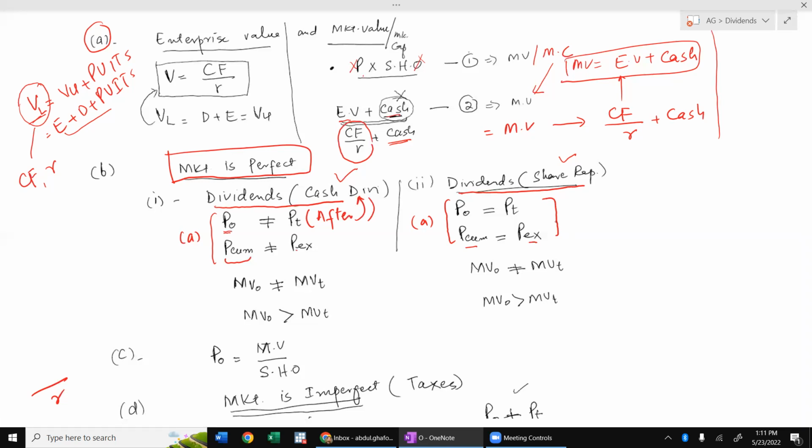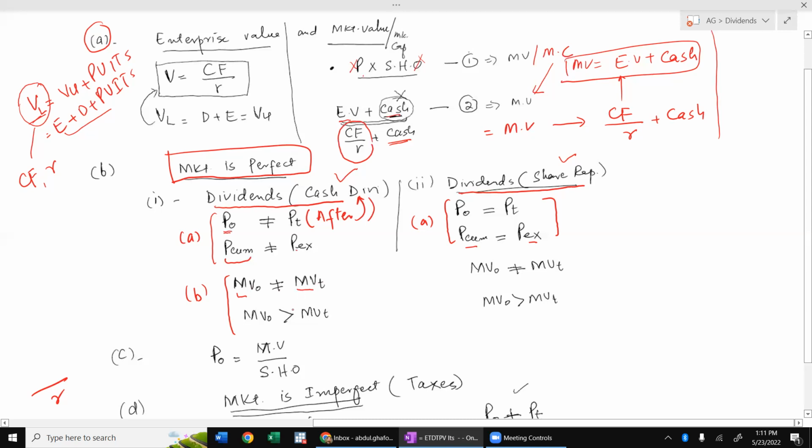Once the dividend is paid, there are two things. Number one, the market value of equity before the dividend payment in the form of cash dividend is not equal to the market value of equity after the cash dividend.